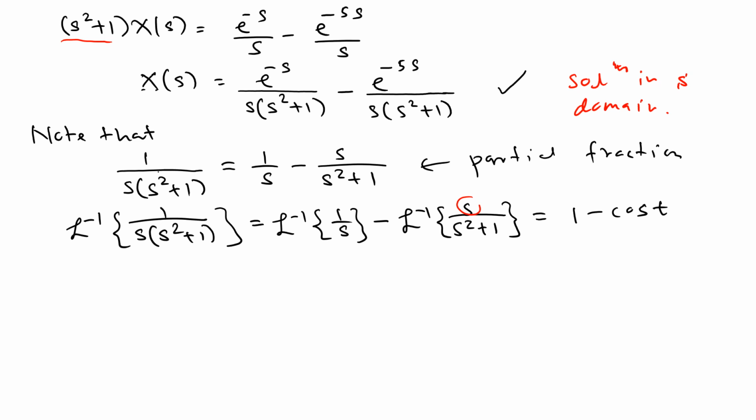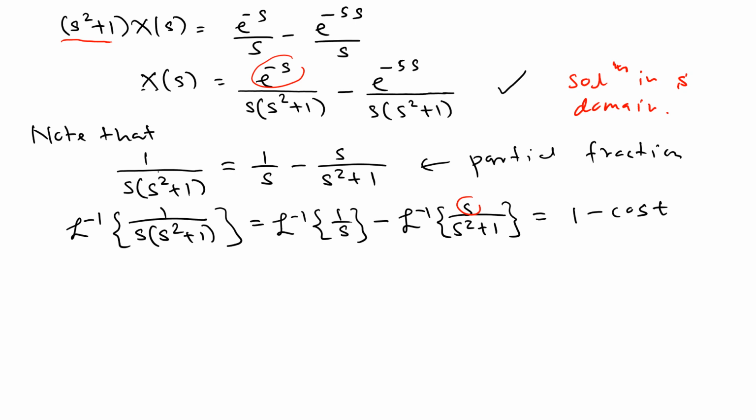So that's a function. Now we're going to take care of this part, because we know that in the second shifting property, when you multiply a function with the Heaviside function and take the Laplace transform, it just introduces the exponential term.